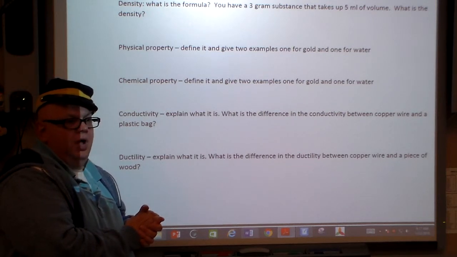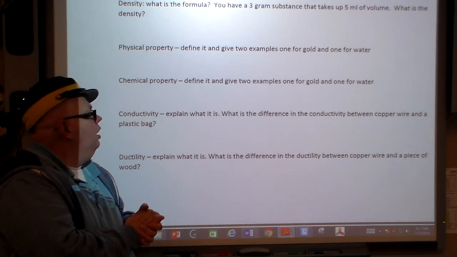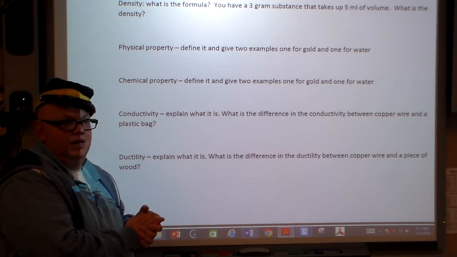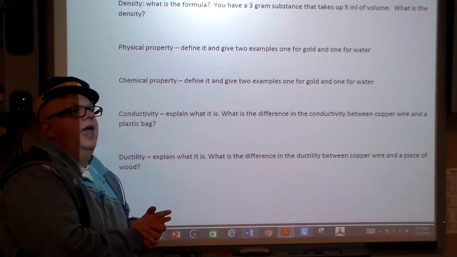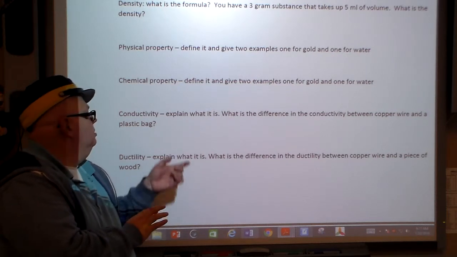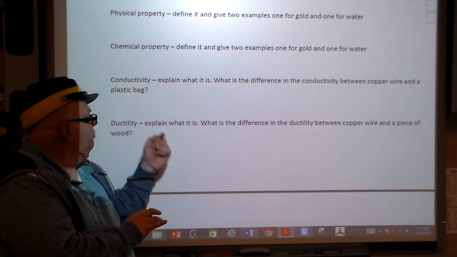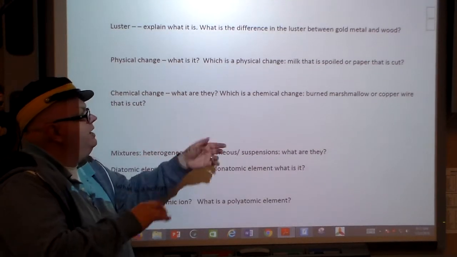Those are physical properties. Chemical properties: gold reacts with acid, it'll dissolve. You can add coffee to water and it'll change the taste of the water. Those are chemical properties. Conductivity, ductility, malleability, luster, we already did.